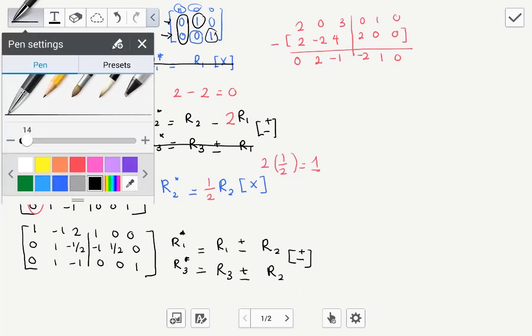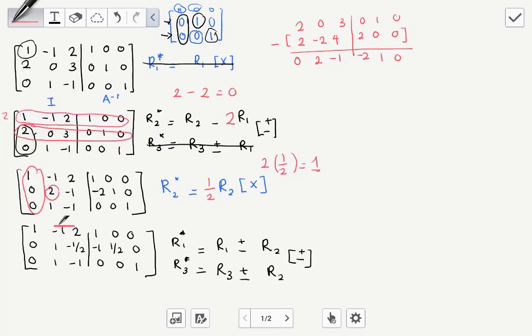Now my next aim is to get 0, 0 here in the same step. I'm going to think, what am I supposed to do with negative 1 so that I get 0? I have to use addition or subtraction. So obviously we will plus 1. We have decided the operation is plus, so minus is not involved anymore.